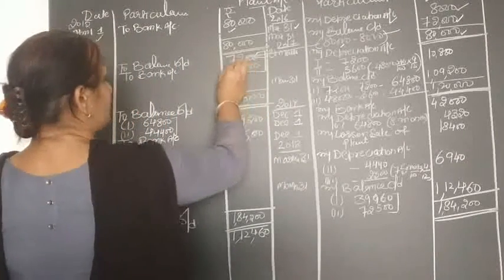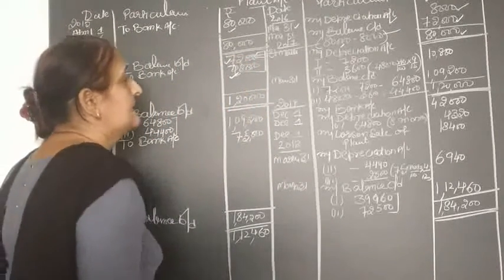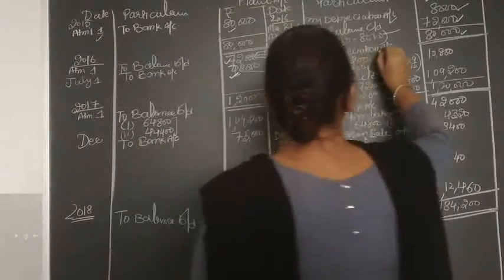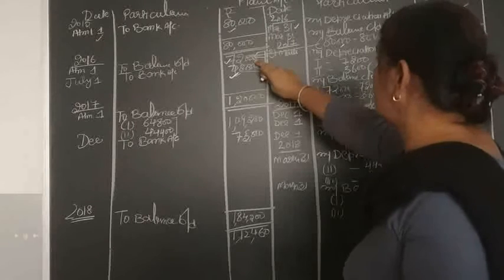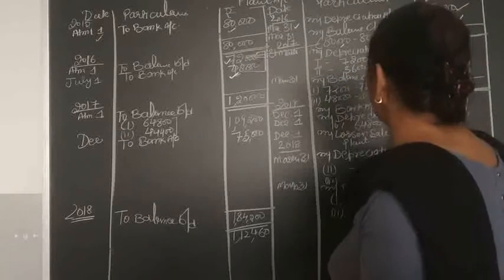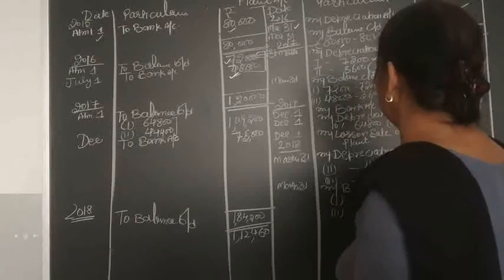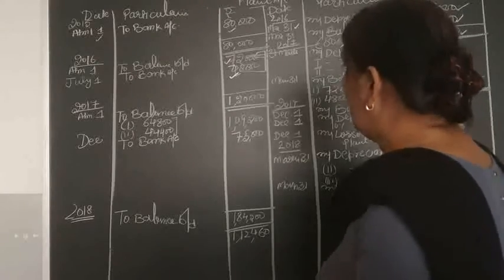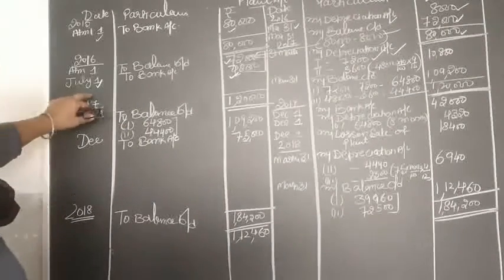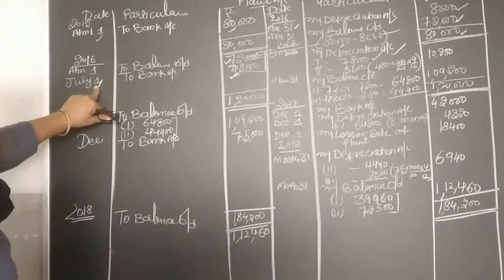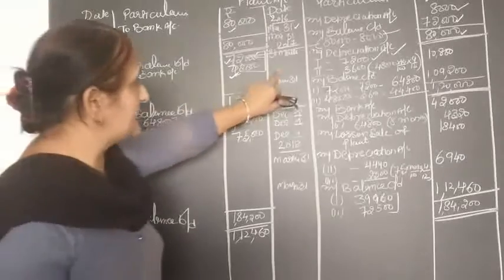It means now depreciation is provided on the balances. So on 31st March by depreciation account, balance of first machine 72,000. Then 10% of 72,000, the depreciation on first machine 7,200. And the second machine is purchased on July 1. So the depreciation will be provided on the second machine from July to 31st March.